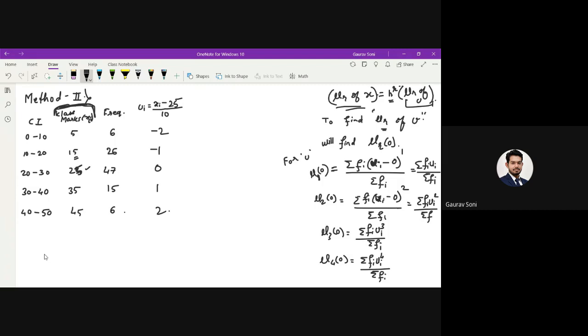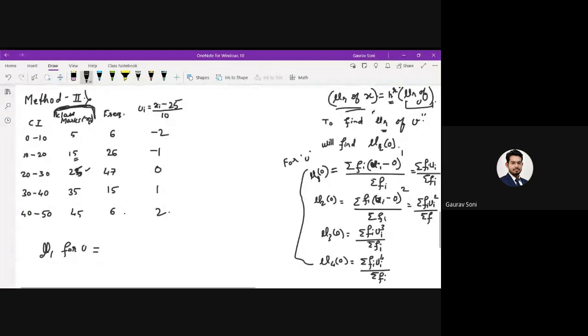Can I get mu 1 for u using these values? I know it's difficult, but you will have to recall what we did yesterday in order to understand this.